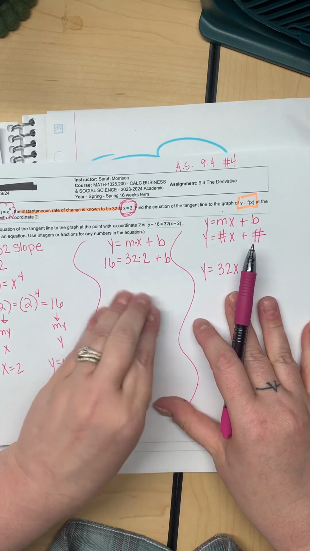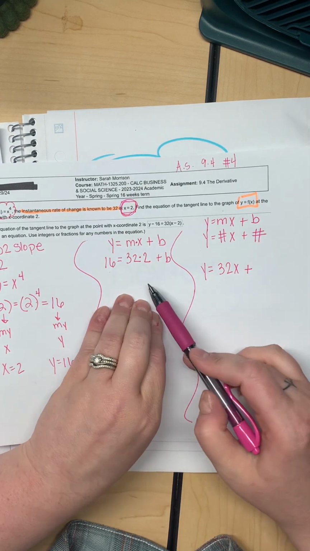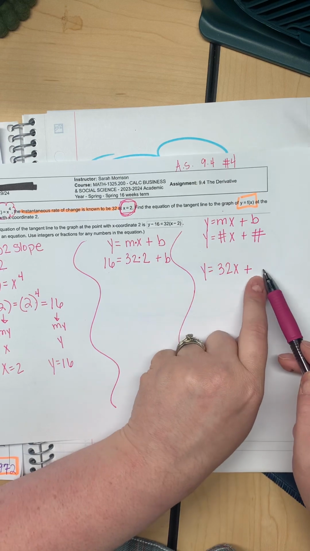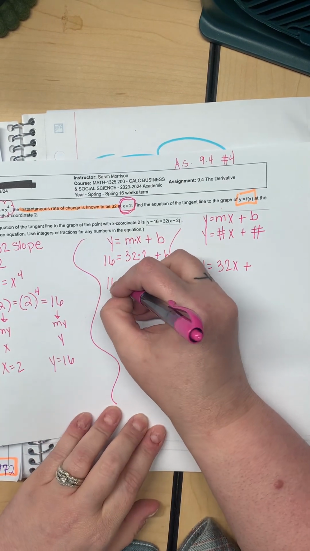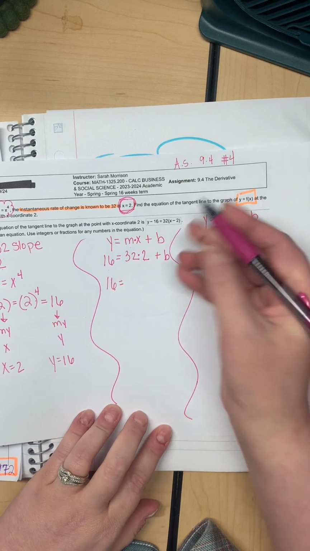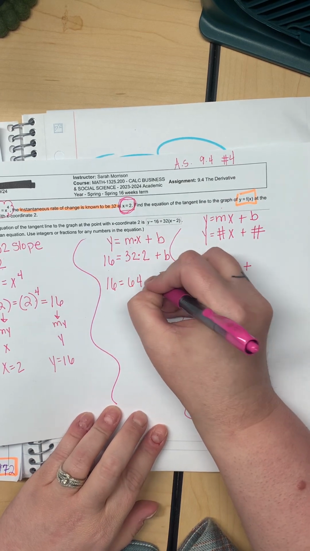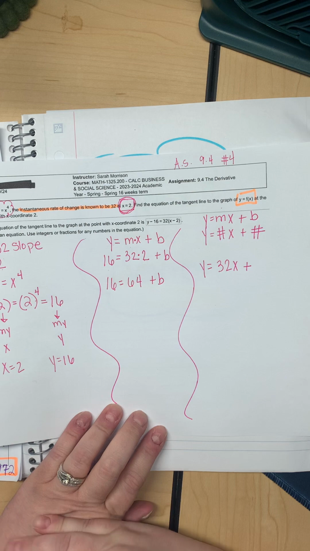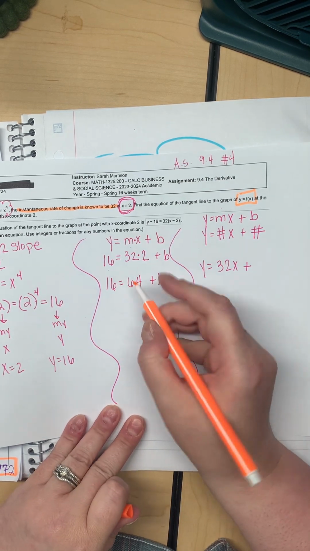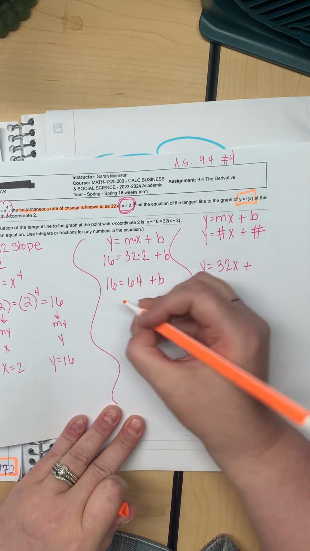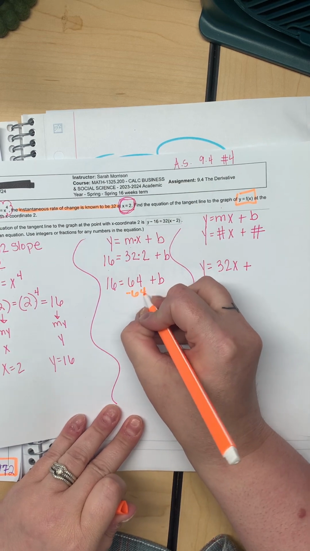So let's whip out this middle step, and then I'll put that number where the letter b is, and I'll be done. So let's see, we get 16 equals 32 times 2 is 64 plus b. Then to get b by itself, I'm going to do the opposite of this 64. The opposite of plus 64 is minus 64.